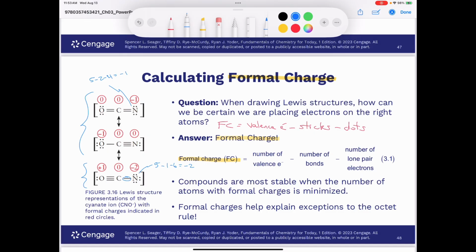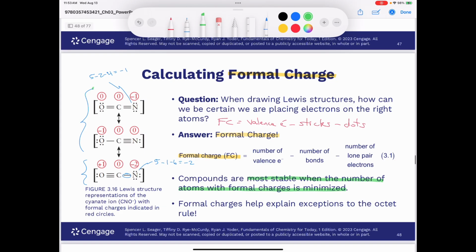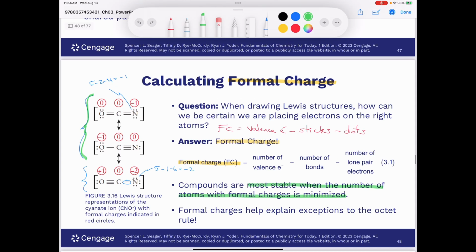And remember, compounds are most stable when the number of atoms with formal charges is minimized. In these two, there's only one formal charge, but in this one, you have 2 formal charges. And so the 2 first Lewis structures are going to be more pertinent than the last one.